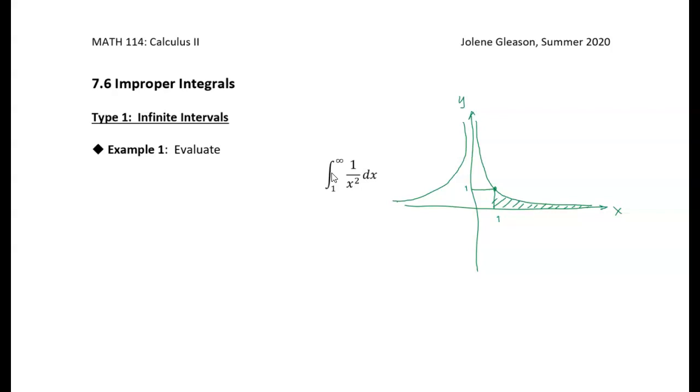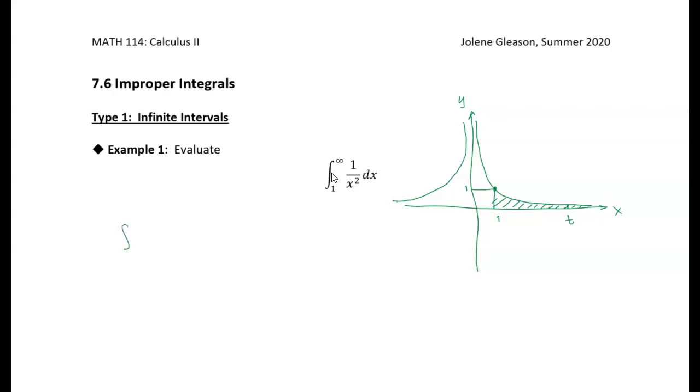Now, I'm not sure at this point how to integrate all the way out to infinity. But what I can do is integrate out to some arbitrary value t, because I can find the definite integral from 1 to any point t. So that's the way I'm going to start this problem.